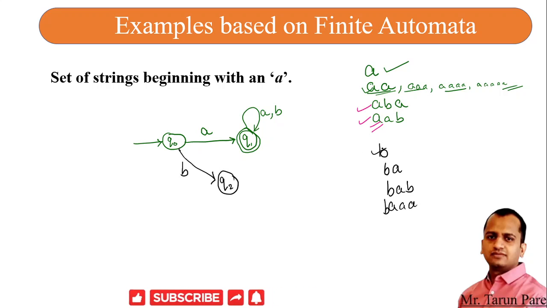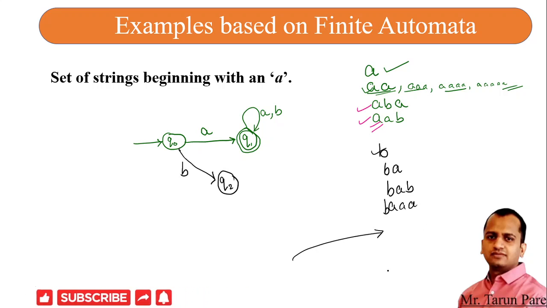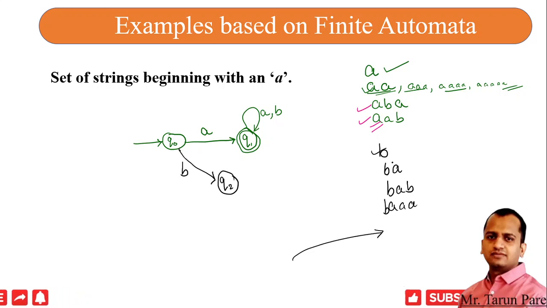Okay, what is the dead state? Dead states are states where whenever we give an input, it will handle the exception there and say that no such inputs were accepted. Fine. So if we give such kind of input B, it will reach a dead state.